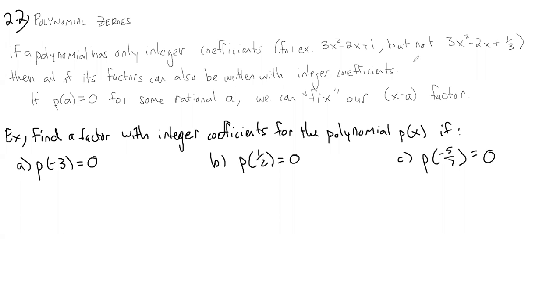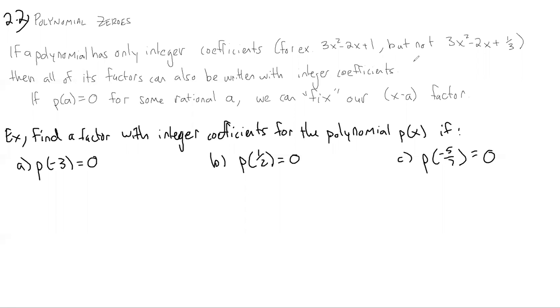Most of the polynomials that we'll be dealing with are going to have integer coefficients. That means all of the numbers that show up in the polynomial are integers. So we won't have something like the example of 3x squared minus 2x plus a third, because a third is not an integer. Its factors can be broken up in a really nice way so that they also all have integer coefficients.